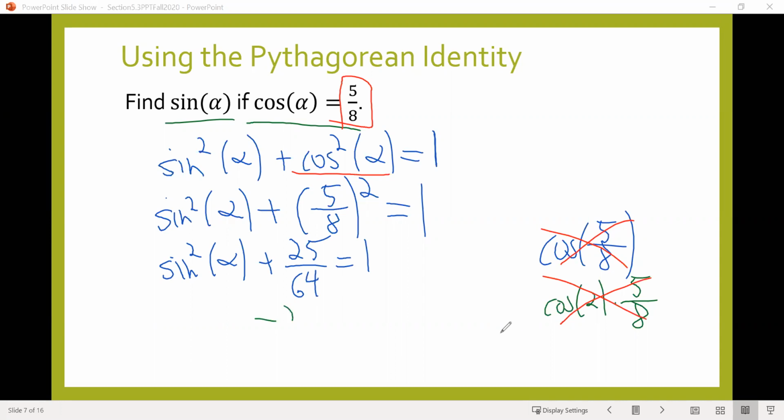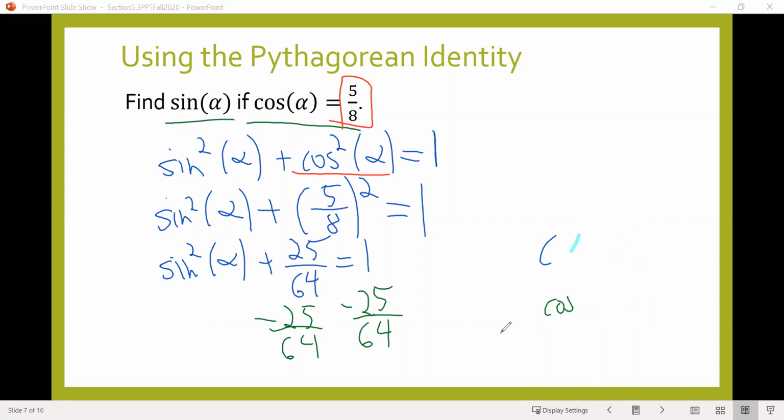Subtract 25/64 from both sides. And when we do that, we'll have now sine squared of alpha equals 1 minus 25/64.